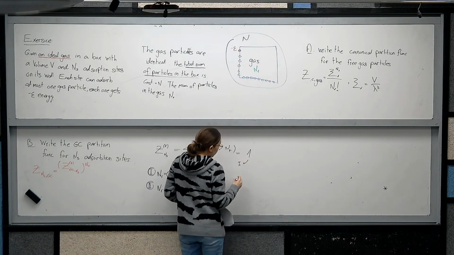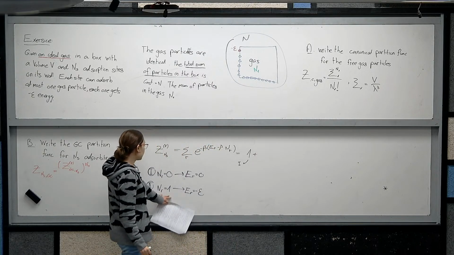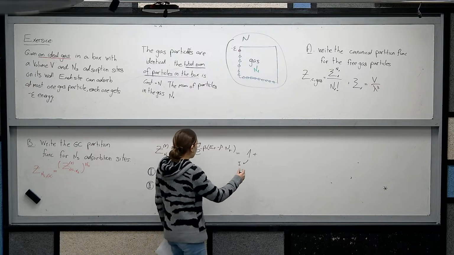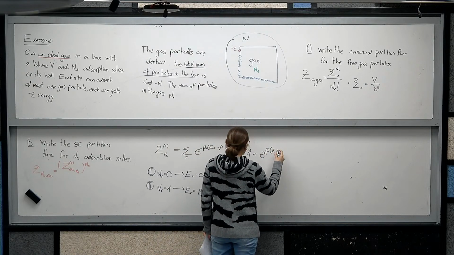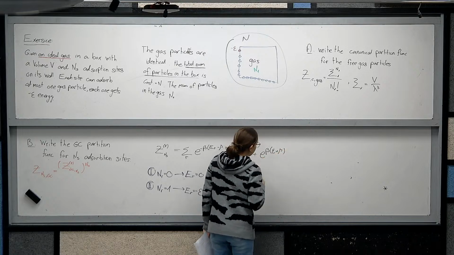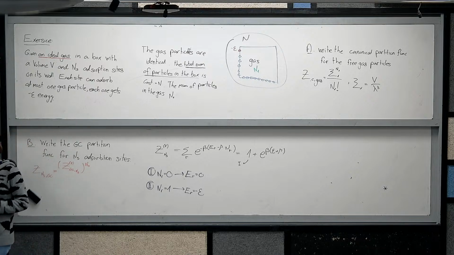This is for the first state. And for the second state, e equals minus epsilon and n equals 1, so we will have the exponent of beta times epsilon plus mu. And this is our partition function for one adsorption site.